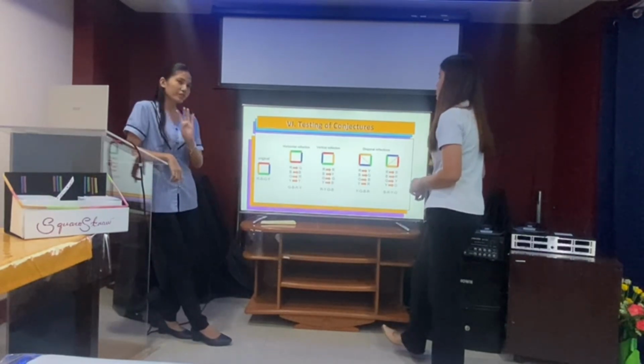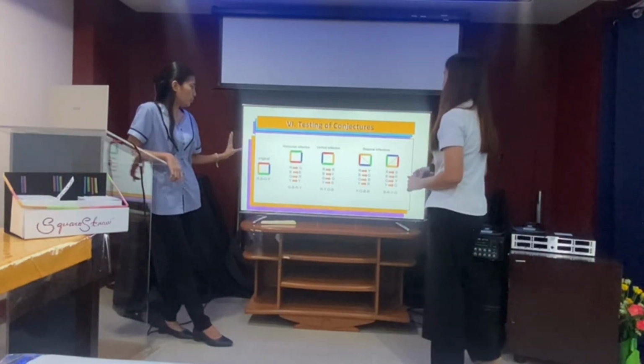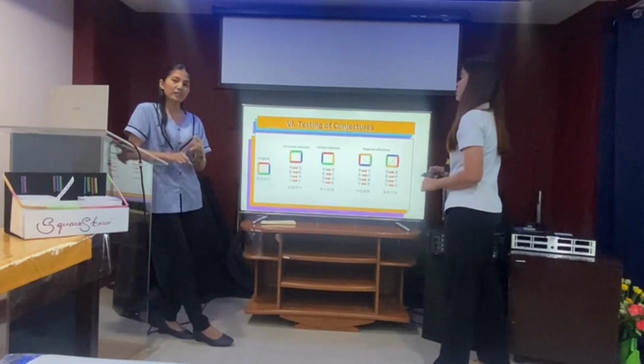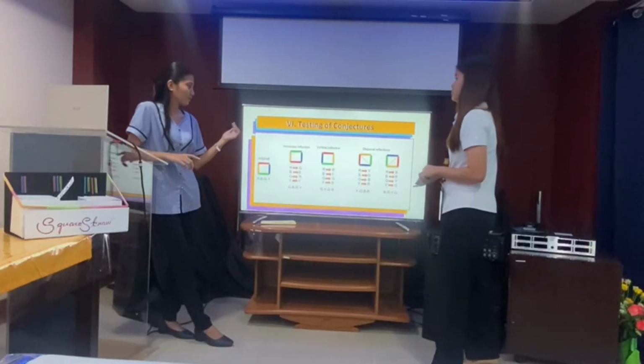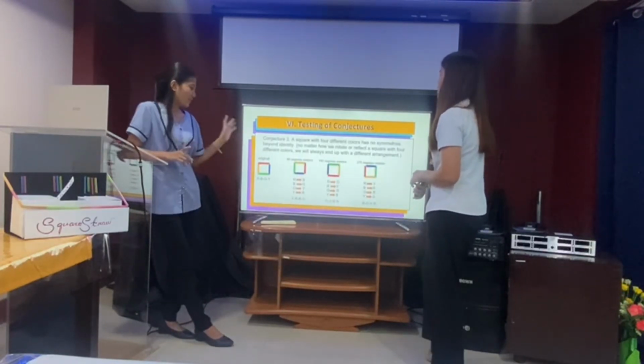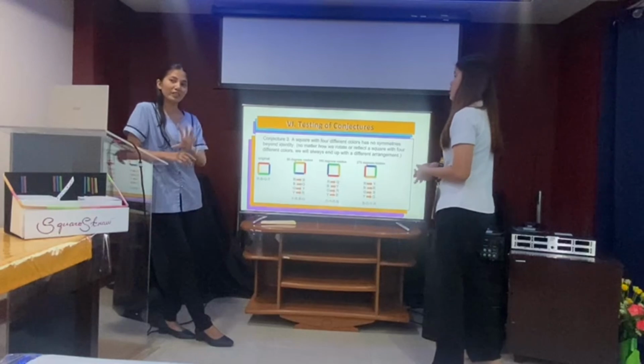Also, if the colors are 4 and you reflect it horizontally, vertically, or diagonally, it will not be the same as the original. So it will create a unique square.